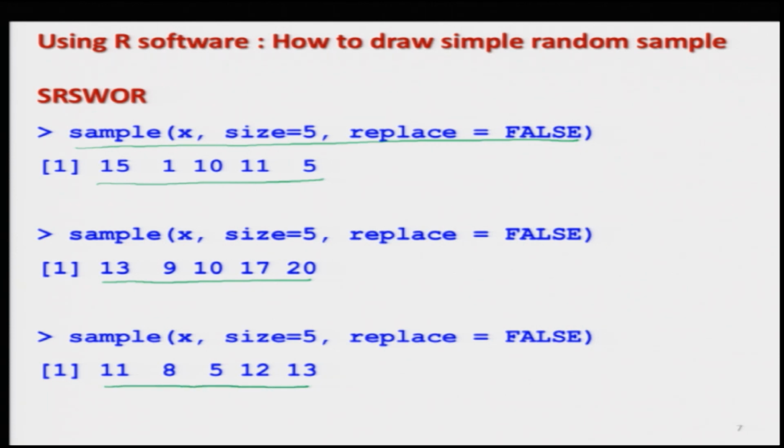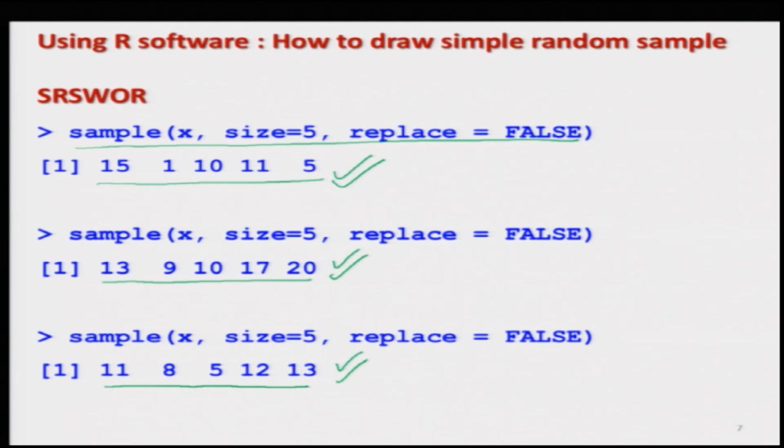You can see that the sample in the first case, the second case and the third case are all different. Obviously, you are choosing 5 numbers out of 20 numbers at random. So the probability that two samples are going to be the same is very, very small. Why?